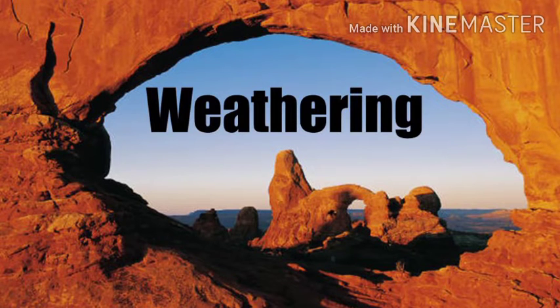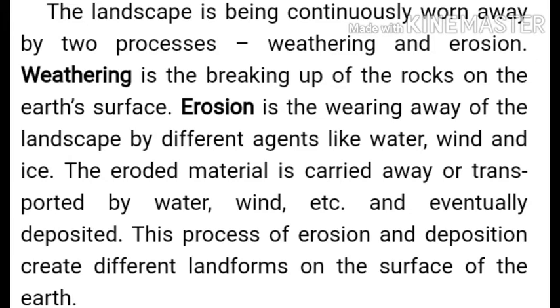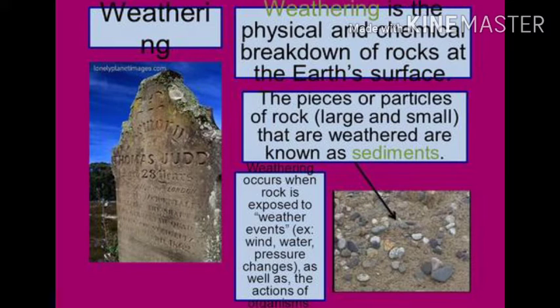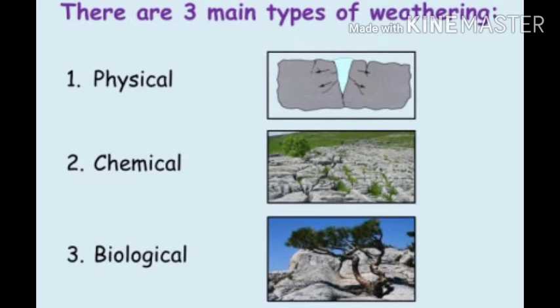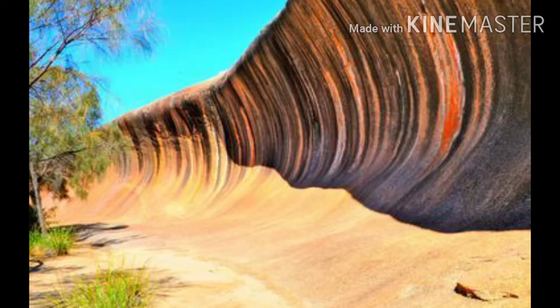Weathering is the breaking up of rocks on or near the earth's surface by alternate heating and cooling, by chemical action, by burrowing animals and growing roots of plants, and also by human activities such as ploughing, digging, and mining. Weathering does not involve transport of rock material. Weathering is of three types: physical weathering, chemical weathering, and biological weathering.